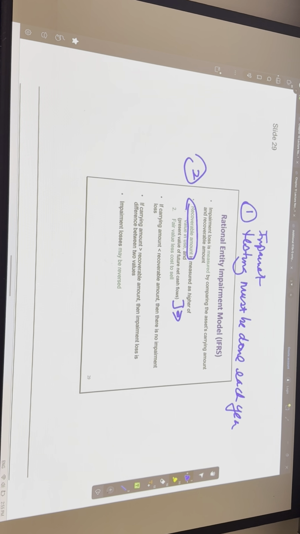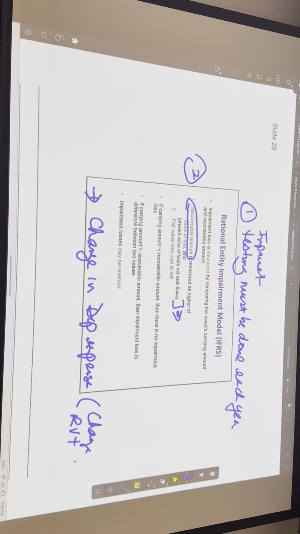So you would then write it down. Okay? Now, this will result in a change in depreciation expense. Why? Because you're going to change residual value and useful life, and then it will also change deferred taxes. Keep that in mind when you take CO2, okay, you guys?